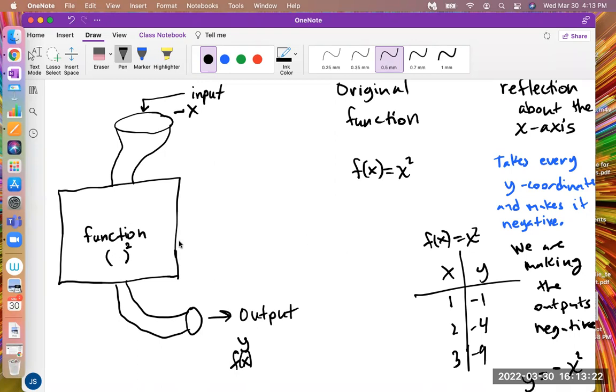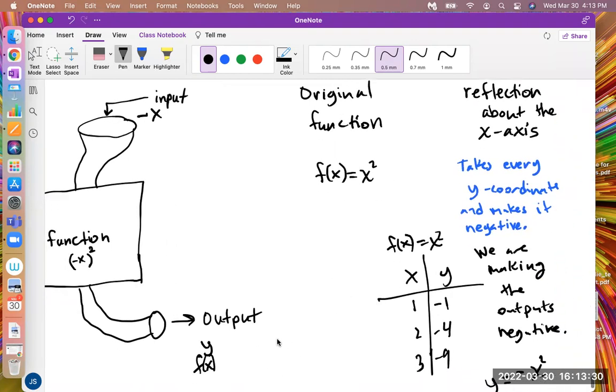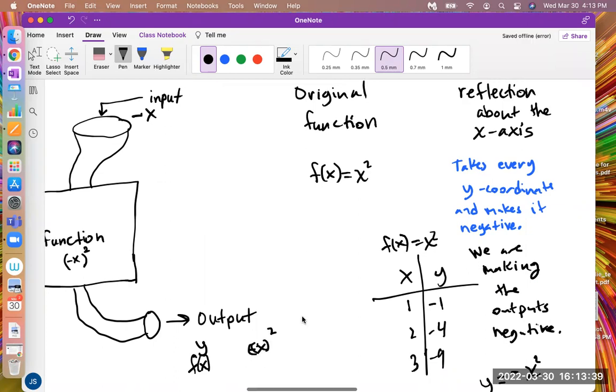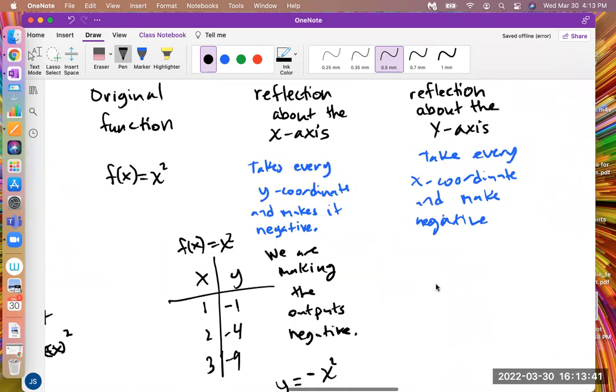So it's going to result in putting negative x here, right? That's what's the input. So my final output is going to just be negative x, parenthesis, squared. So that's what our equation is going to look like. Y equals, or f of x equals, if you want to use this f of x notation, negative x squared.